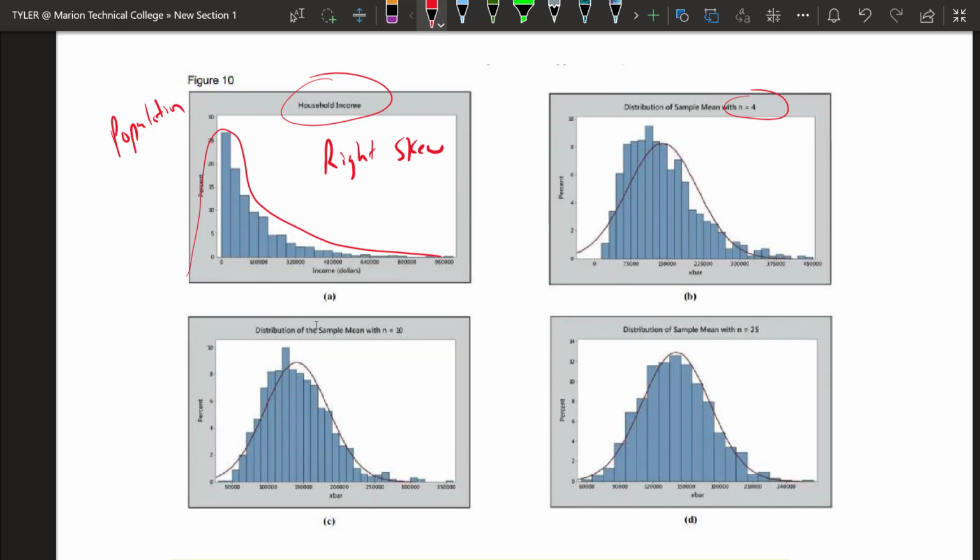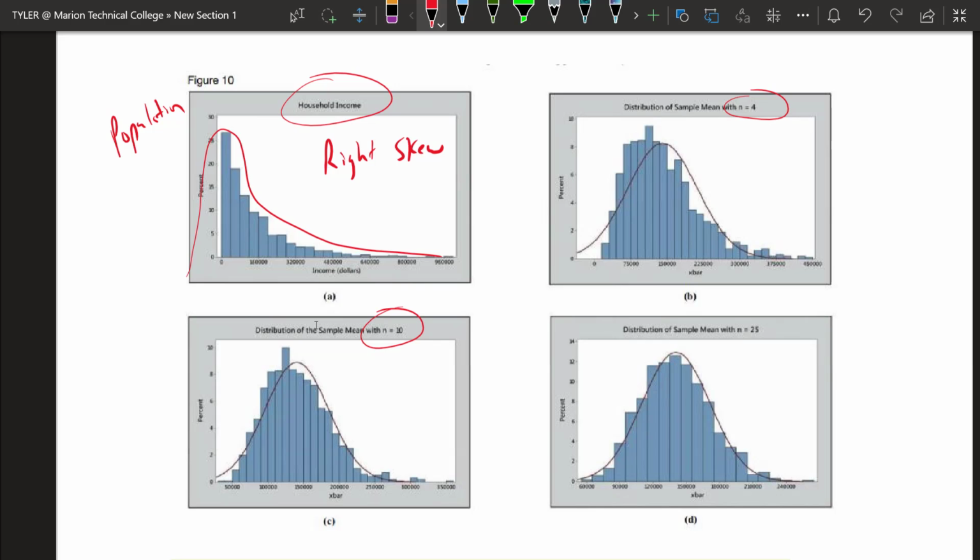And notice we have a normal curve graphed on top of it, so we can see how they compare. This looks more normal than the population, but it doesn't look very normal. Still looks pretty right skewed, right? So we went from n equals 4 to n equals 10 in this next histogram, and you can see that it's looking more and more normal.